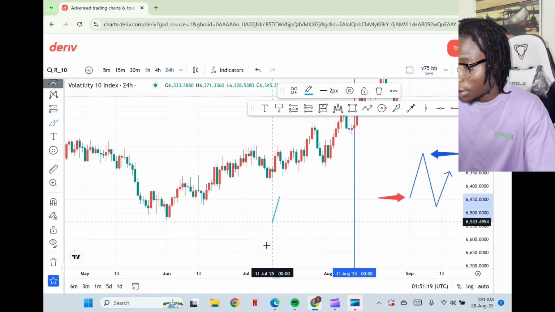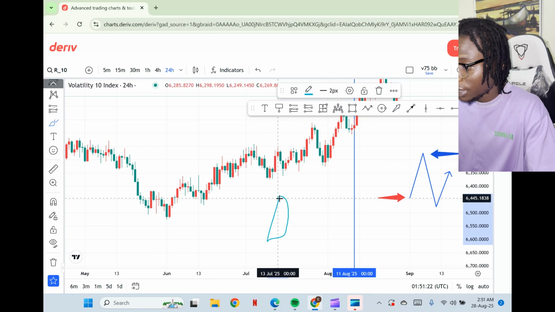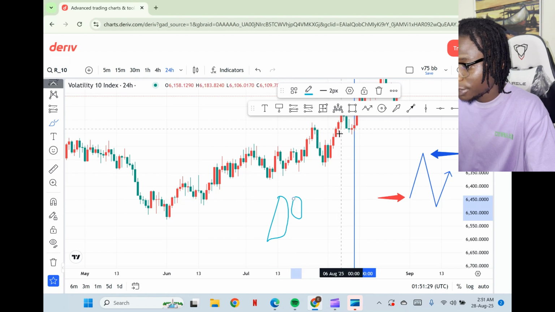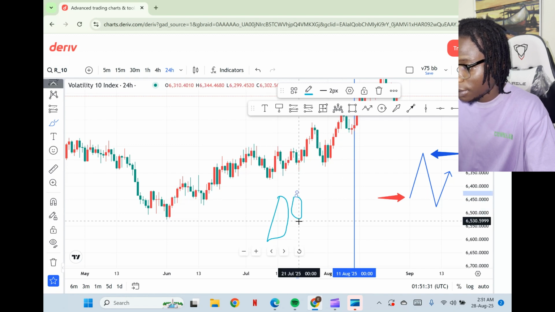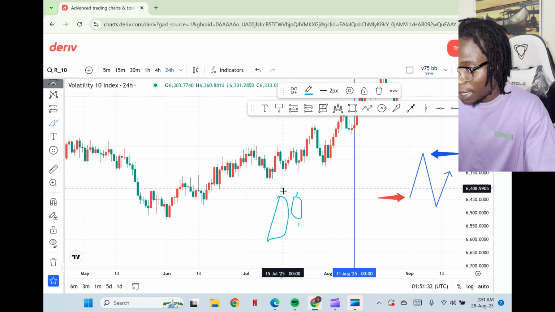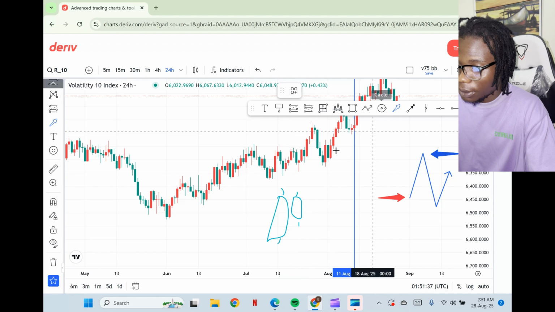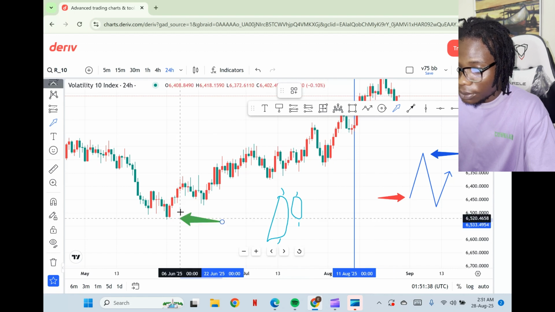This is how an order block looks. Sorry for my drawing, but I'll show you on the real chart. This is how the candle will look: there'll be a red candle and a green candle. That's what we call an order block.